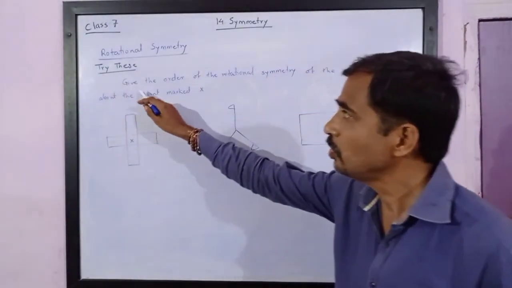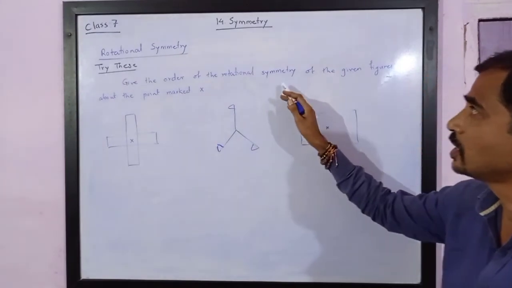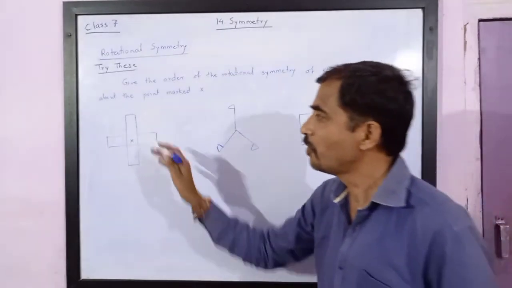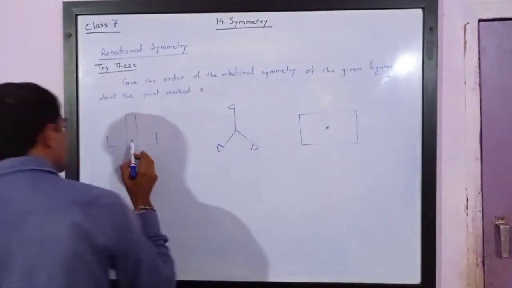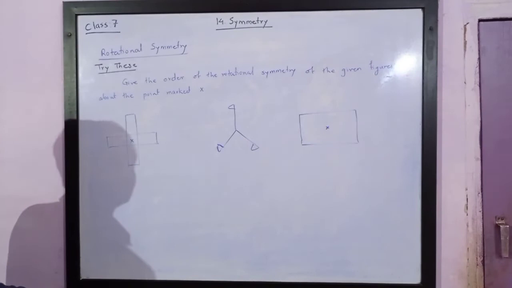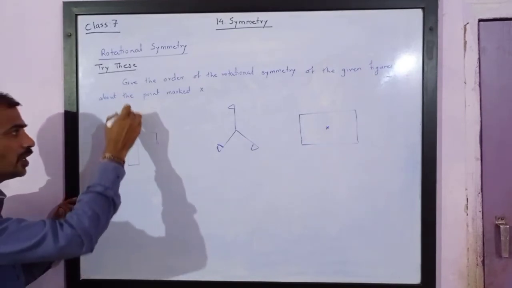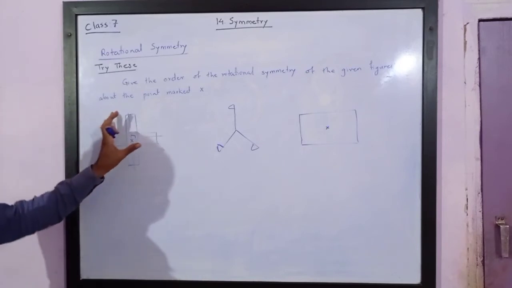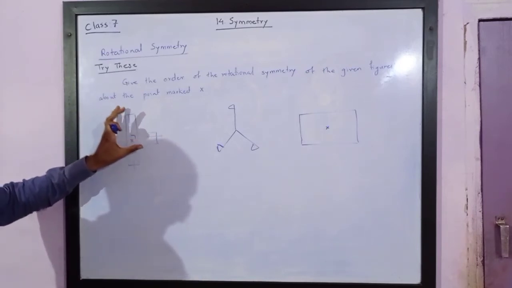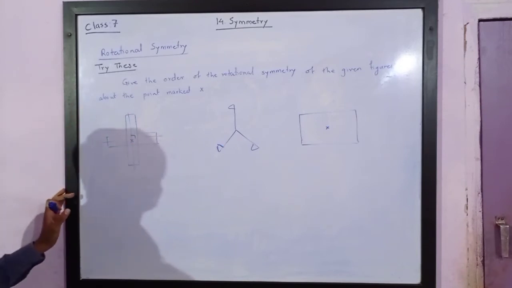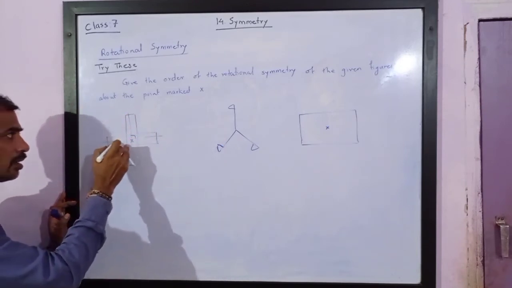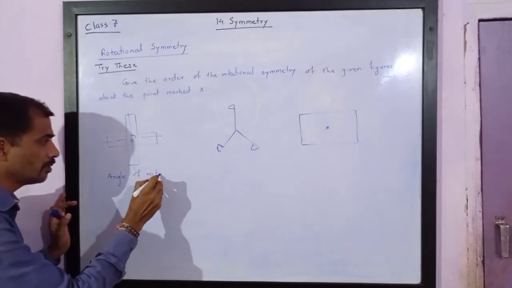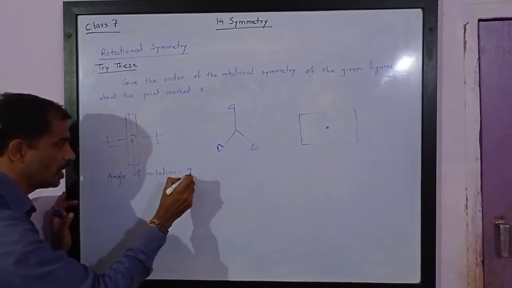Next question is: give the order of the rotational symmetry of the given figure about the point marked with a cross. Now see the first figure. In this you will see the cross is marked at the center of the figure. Here, if you rotate the figure by 90 degrees, you will notice that you get the same position. You are able to see the same figure. So here the angle of rotation is equal to 90 degrees.